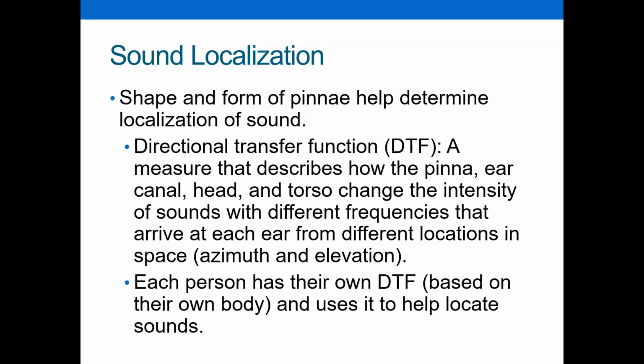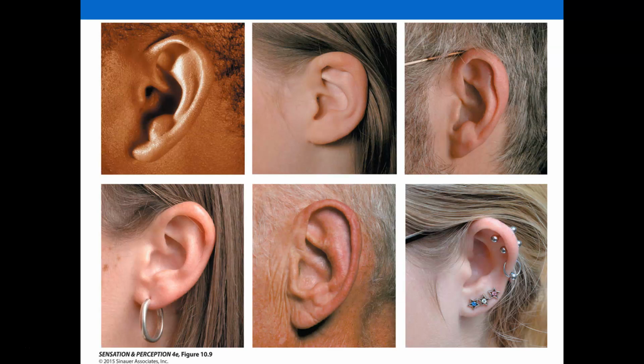Now, the reason that I asked you to look at people's ears is because everybody has a different pinna. And because of that, every person has their own directional transfer function, and they can use that to help locate sounds in space. So what you're looking at here are pinna shapes. As you can see, there is a lot of variability between people.